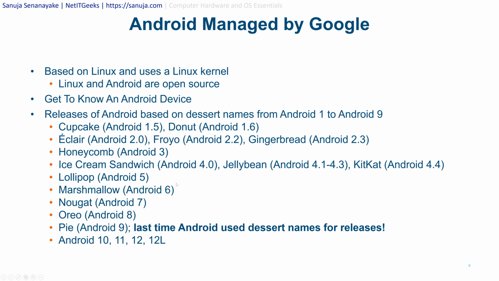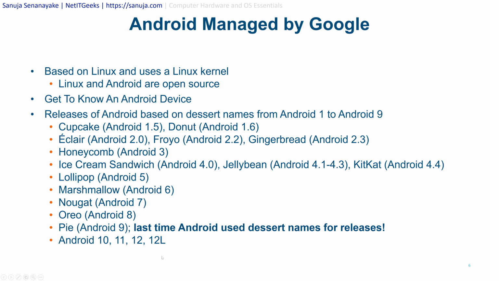What you need to understand here is that Android releases in the early days are typically referred to by dessert names such as Cupcake, Lollipop, Ice Cream Sandwich, Jelly Bean, etc., while Android releases after Android 9, the Pie version, are just named after the version number: Android 10, 11, 12, etc.